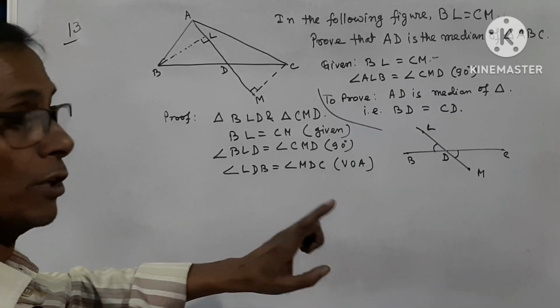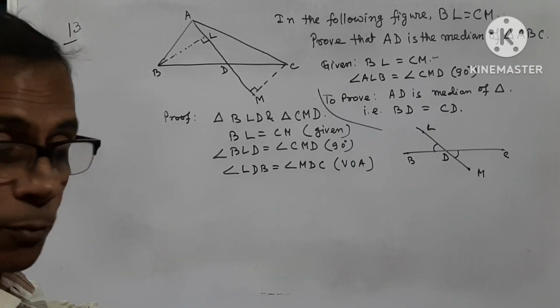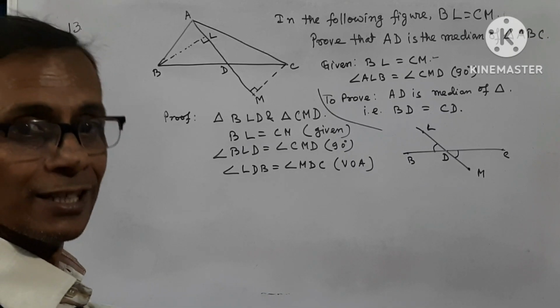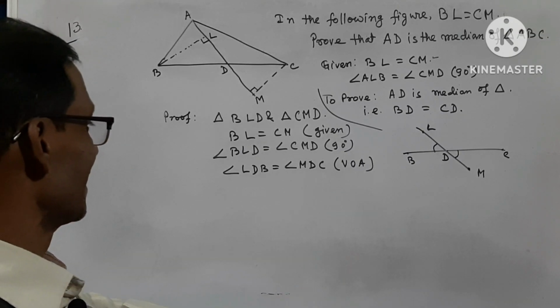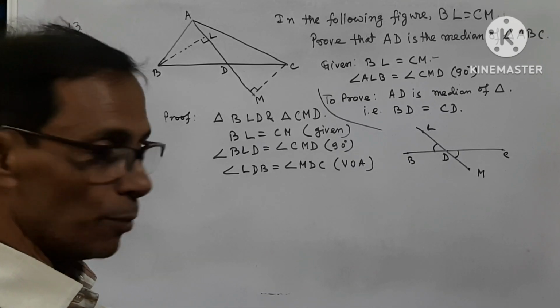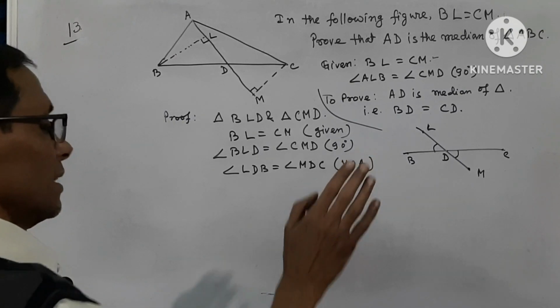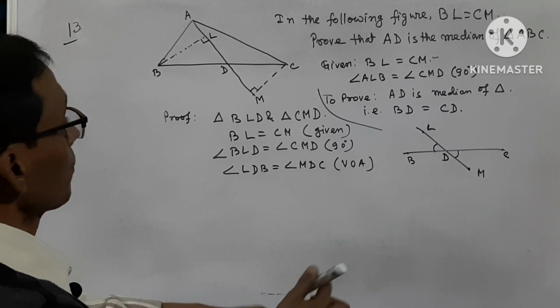VOA, or the full form, vertical opposite angle, if your teacher in your school doesn't like the short form. Here I am writing the short form.